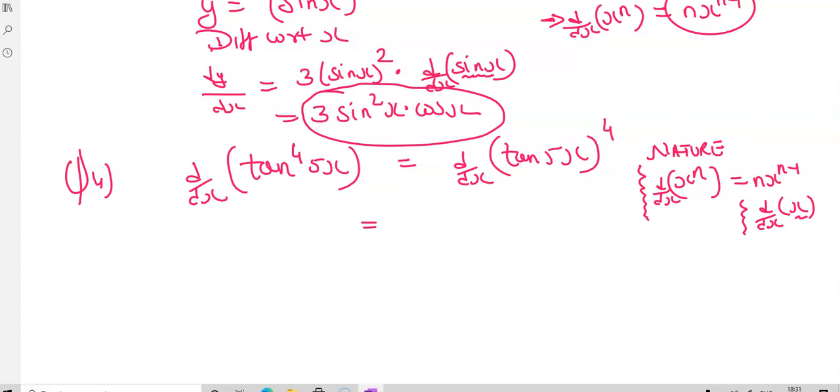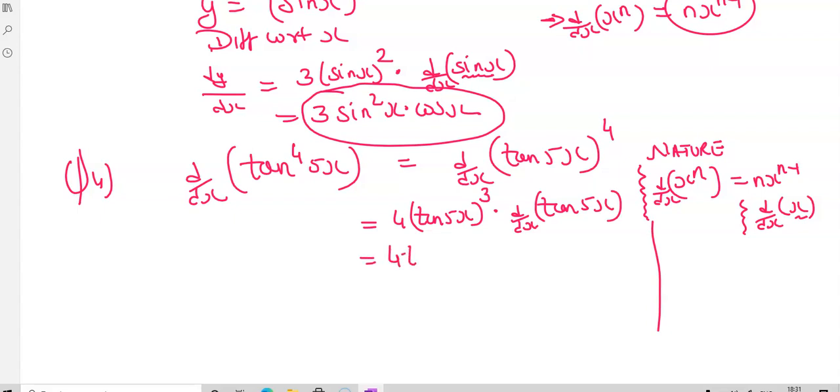So this is 4 tan 5x whole to the power 3. Now derivative of tan 5x. Further see, it is 4 tan cube 5x, and derivative of tan x is sec square 5x.